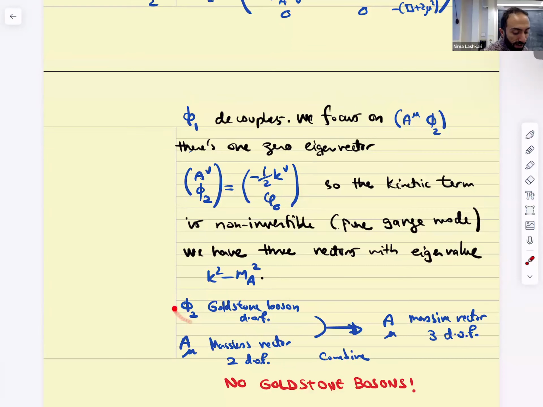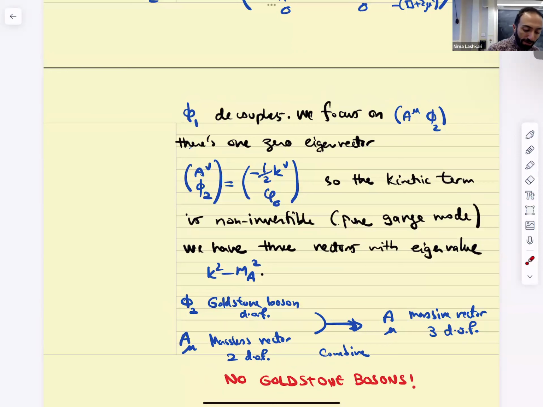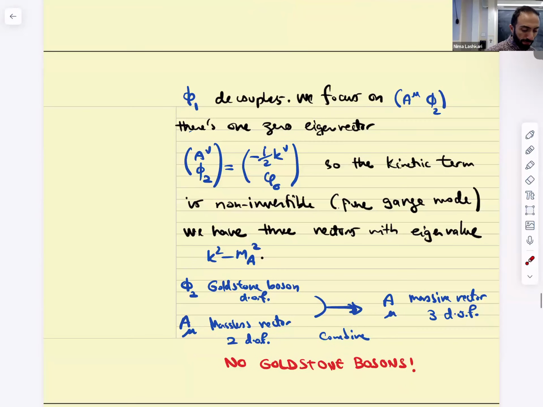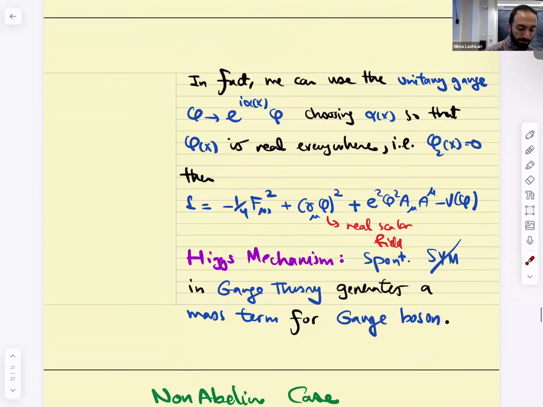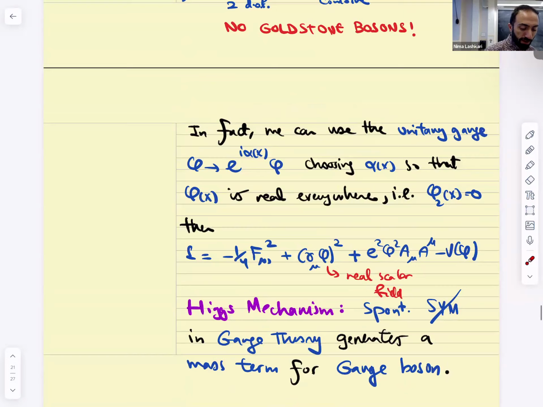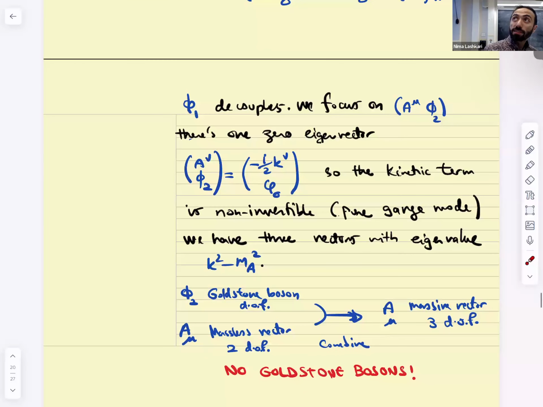But as I said, phi 2 would have been the Goldstone boson degree of freedom. There were 2 massless vector degrees of freedom. They combined into A mu, which is a massive vector degree of freedom. This A mu is the 3 vector with this eigenvalue. I haven't done it here yet. Okay. Good. Is this part clear?